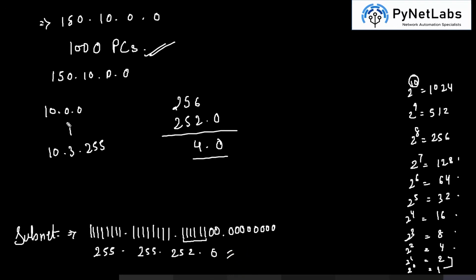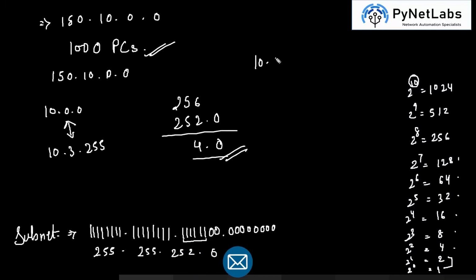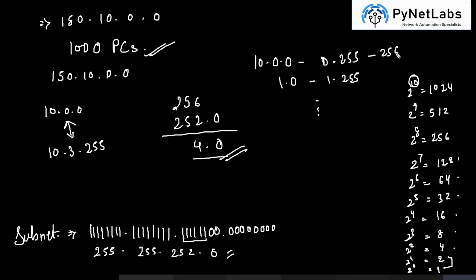You can use this method, or you can simply go from 10.0.0 till 0.255, then after that 1.0 to 1.255 and so on, calculating 256 for this, then again 256, then again 256, and again 256.